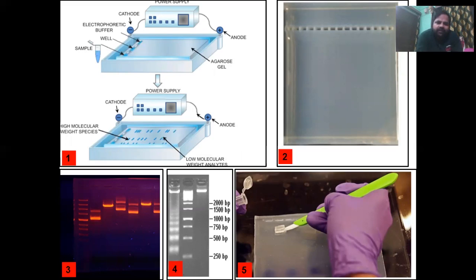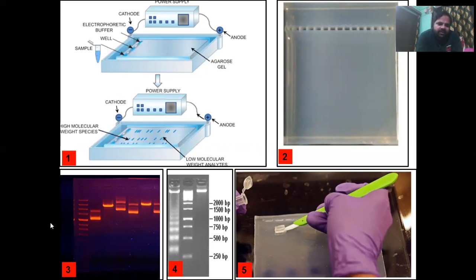So towards the anode side, meaning the lower side of this gel, the low molecular weight or small size DNA will come, and the larger size or heavy molecular weight DNA will move slower. So the different lengths of DNA fragments will be separated.